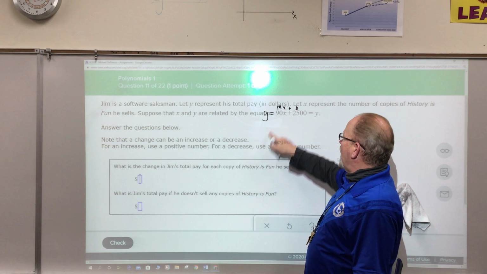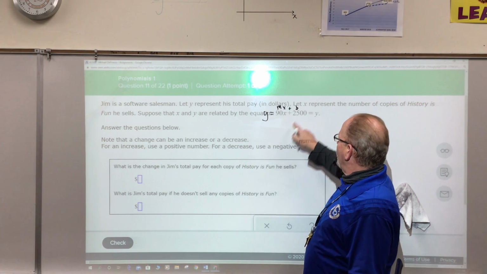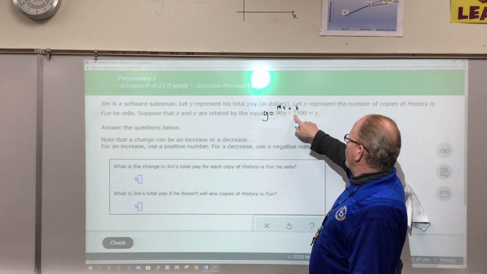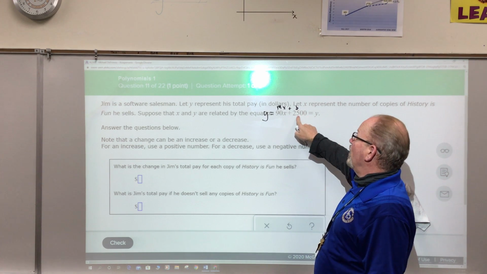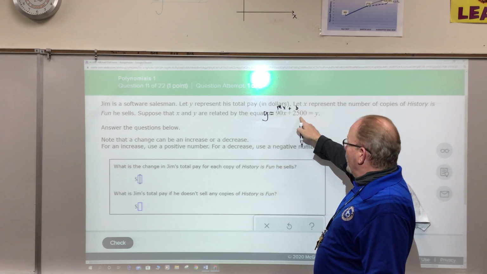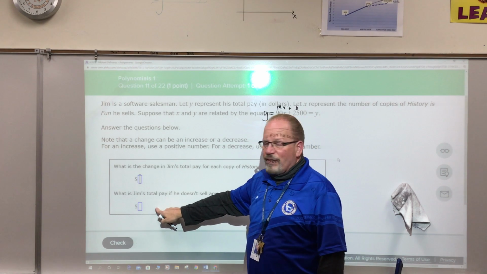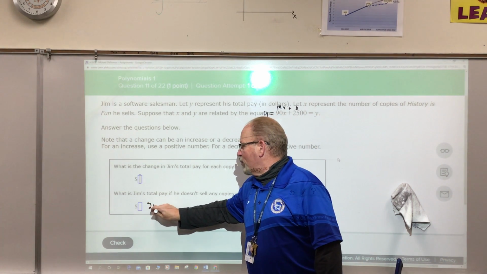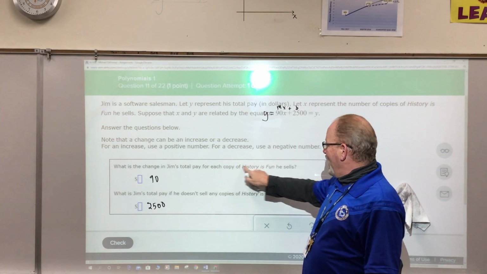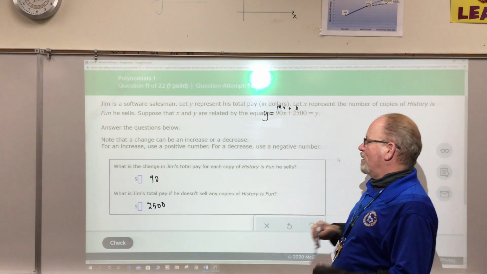So the change is 90. What's the total pay if he doesn't sell any? Well, he begins with $2,500, and then he gets $90 for each one. So if he doesn't sell any, he's still got that $2,500. So this would be 2,500, this would be 90, this would be m, and this would be b.